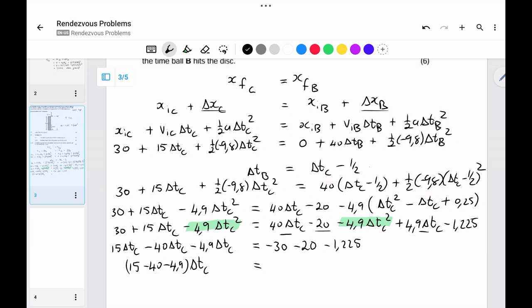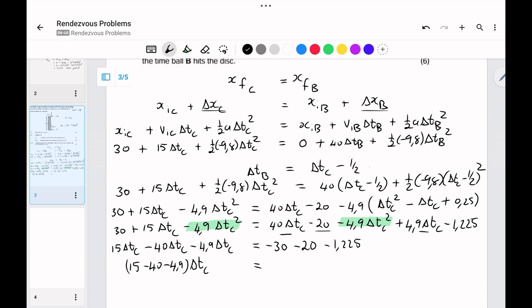Now, the right hand side, there's nothing I can do besides just add up all those numbers. So what do I get? What's negative 30 minus 20 minus 1,225?